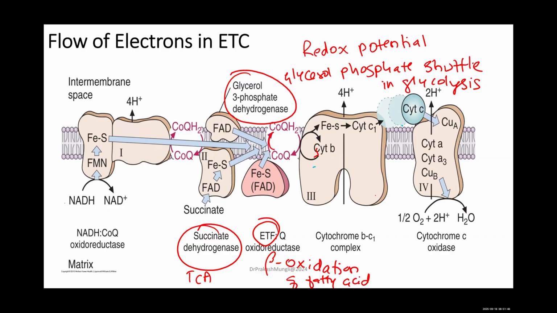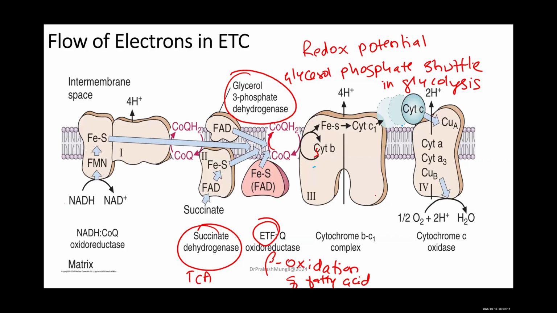And if you are looking at the shuttle mechanism in glycolysis, your complex 2 is glycerol phosphate dehydrogenase. So it all depends on which metabolic pathway you are referring to, and that is the complex 2. Okay, is it clear? So complex 2 will give its electrons and protons to which mobile complex?